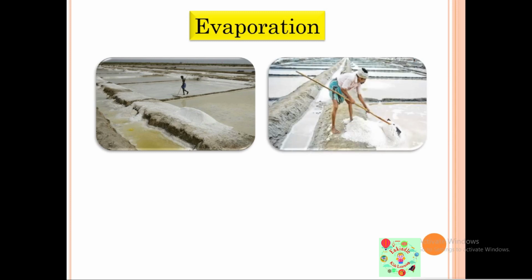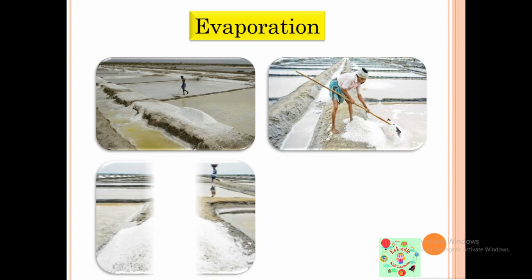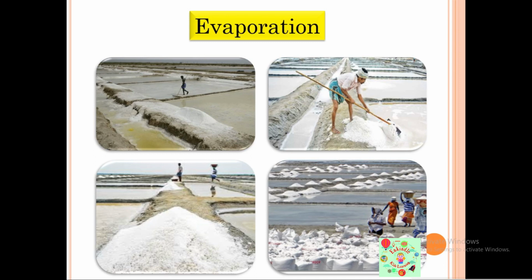In a few days, the water evaporates completely, leaving behind the solid salts. Common salt is then obtained from this mixture of salts by further purification. This is how salt is obtained from seawater.